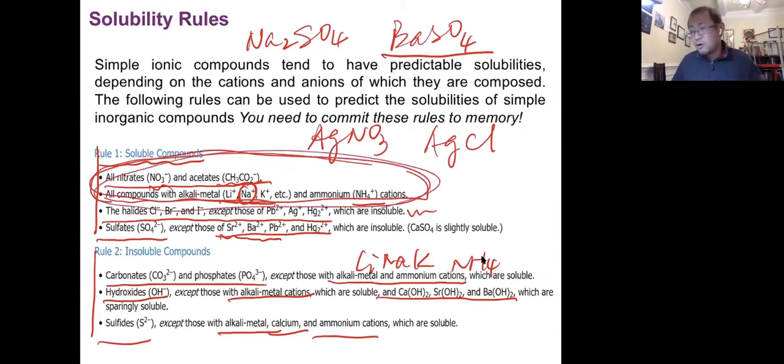Because they are always soluble. And there are some particular exceptions that you need to memorize. For example, hydroxides: besides sodium, lithium, potassium, and ammonium, you have calcium, strontium, and barium. Sulfides: besides sodium, lithium, potassium, ammonium, you have calcium. But again, most exceptions for rule number 2 are here. Why? Again, because these ions are always soluble.